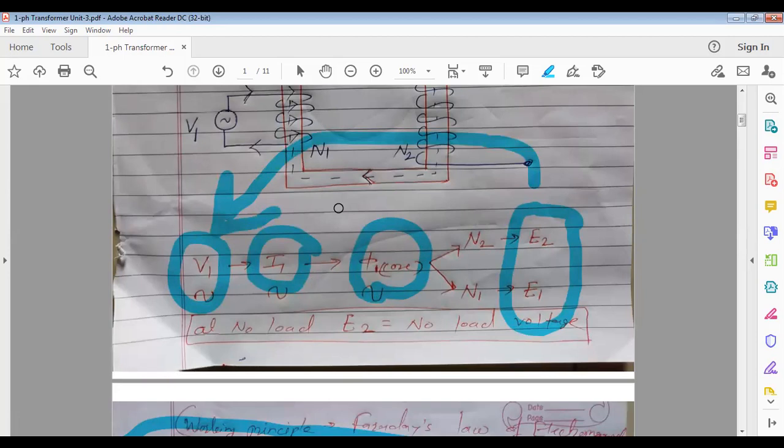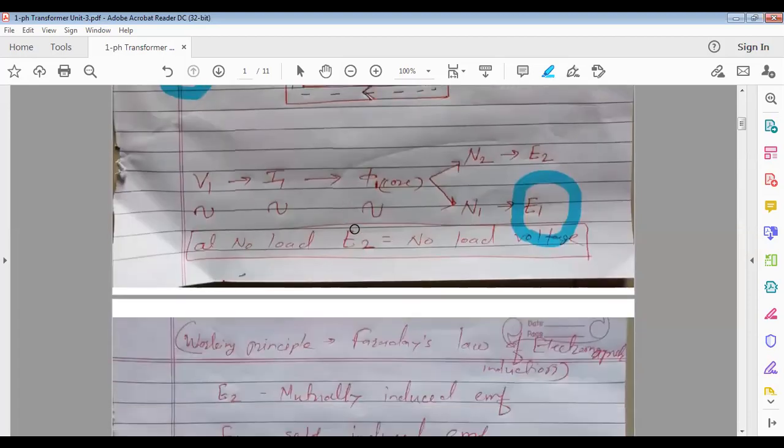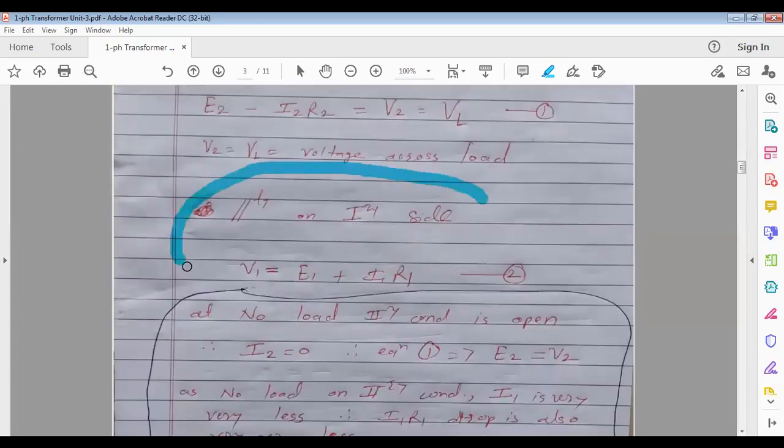Got the thing? As per Lenz's law, it will oppose the cause producing it, isn't it? Means what is happening on primary side, whatever voltage you apply, V1, is utilized on primary side to overcome the effect of E1 and to overcome the I1 R1 drop in primary winding. And that will be the voltage equation on primary side. So see here, primary side voltage equation I have written. Whatever input voltage you apply, it is utilized to overcome E1 and the I1 R1 drop in primary winding.